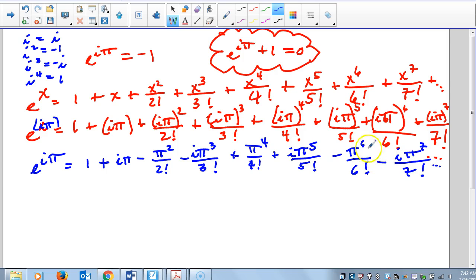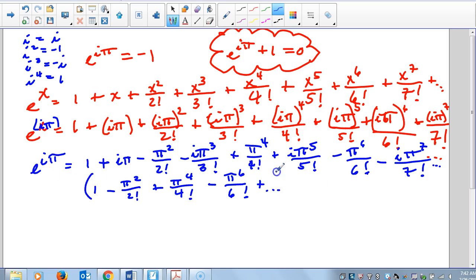Okay. I'm going to group these so that my evens are together. So I've got 1 minus pi squared over 2 factorial plus pi to the fourth over 4 factorial, just rearranging them, minus pi to the sixth over 6 factorial plus blah blah blah.